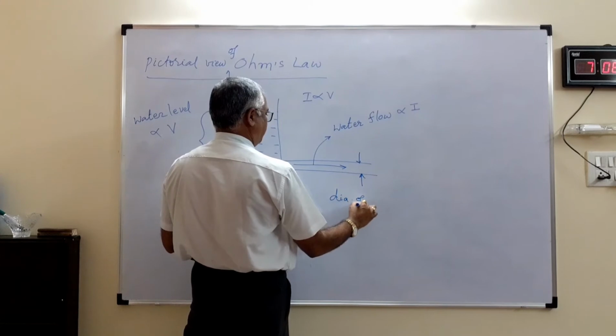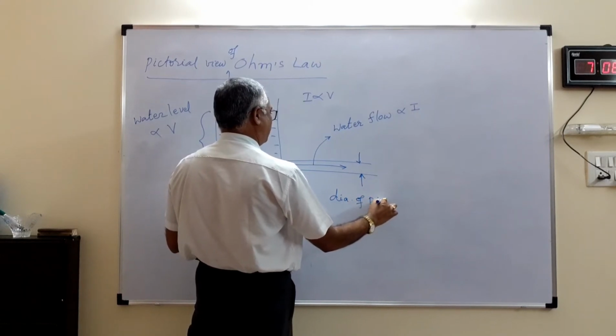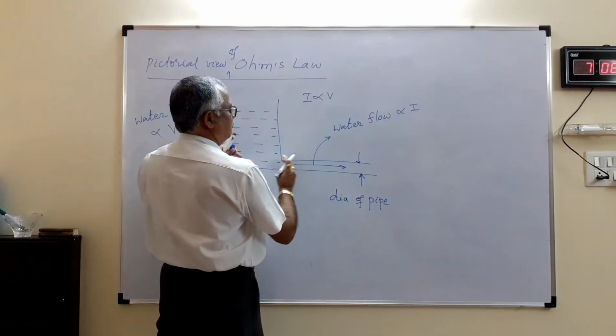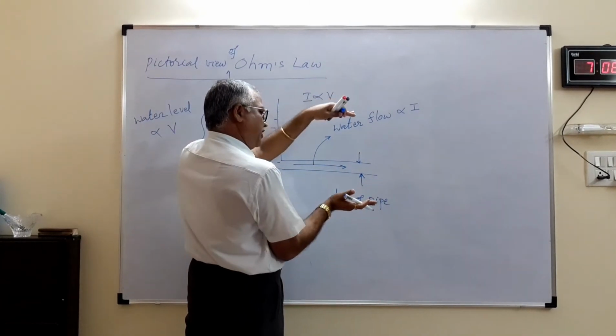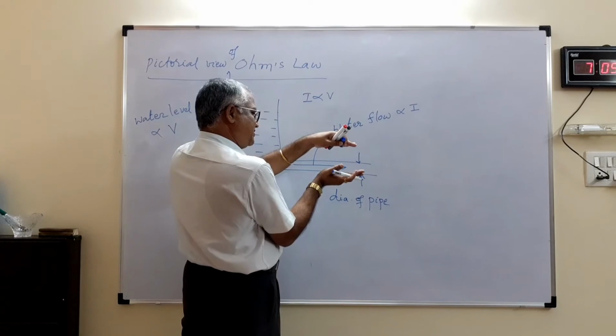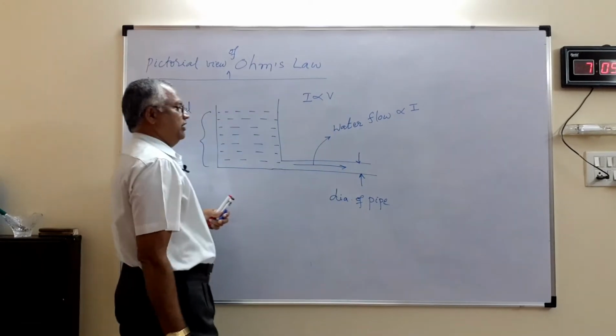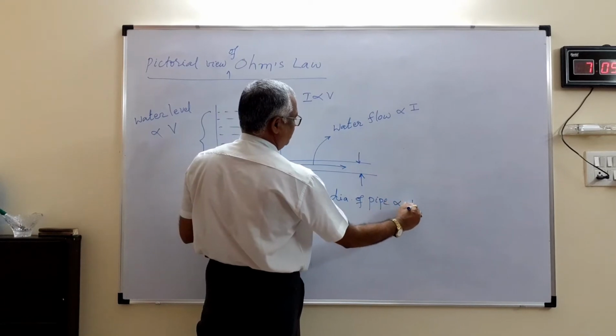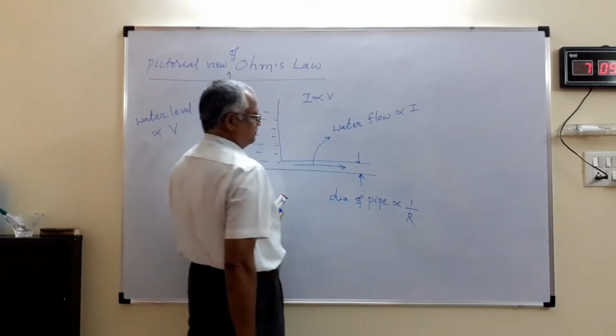If pipe diameter is more, water will flow freely. If pipe diameter is narrow, less, then water cannot flow freely. Therefore, diameter of pipe is inversely proportional to resistor.